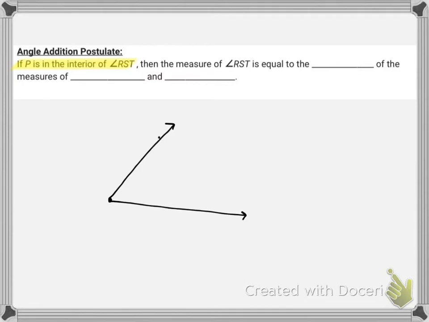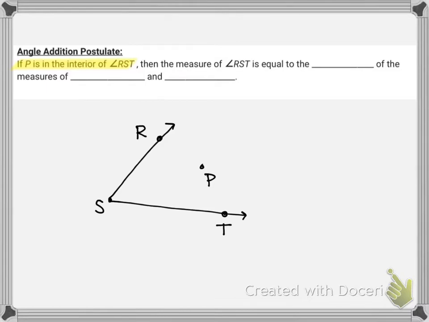And remember how we name angles. We use points on each side. So this would be point R. That middle point is the vertex, and point T. So there's angle RST. And they say P is in the interior. So I'm going to make a point P on the inside of the angle.